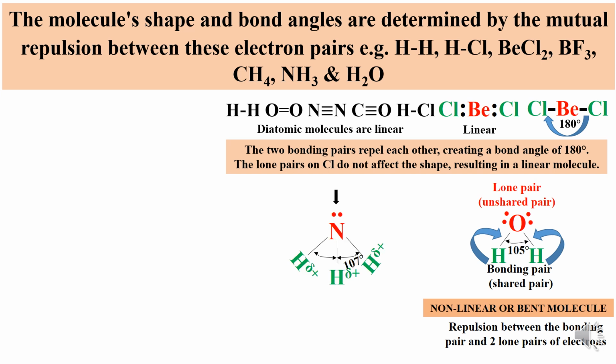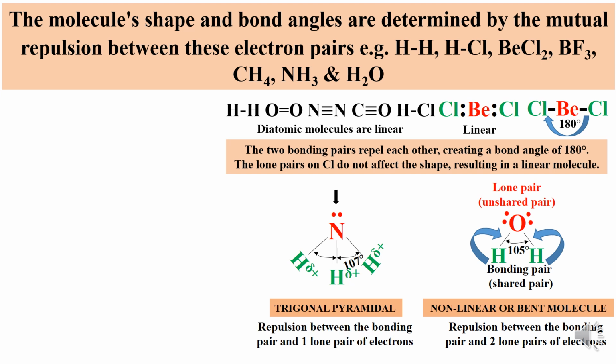And in case of the ammonia molecule, you find one lone pair on the nitrogen atom, and this results in the ammonia molecule having a trigonal pyramidal shape with a bond angle of 107 degrees. And this is the result of repulsion between the bonding pairs and one lone pair of electrons on the nitrogen atom.